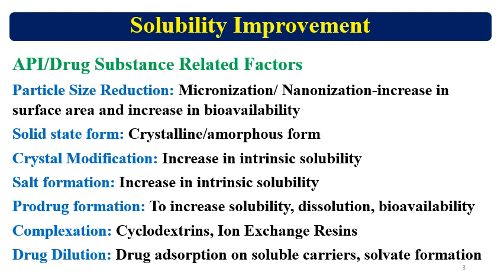Then drug dilution. Some drugs are solubilized and absorbed onto the soluble carriers to improve the solubility. Then solid formation or pseudopolymorph formation, hydrate formation, and many more are there. The technologies to improve the solubility of drug substances.